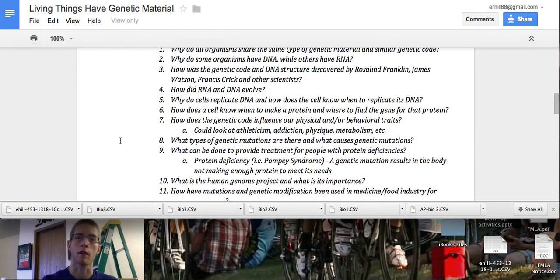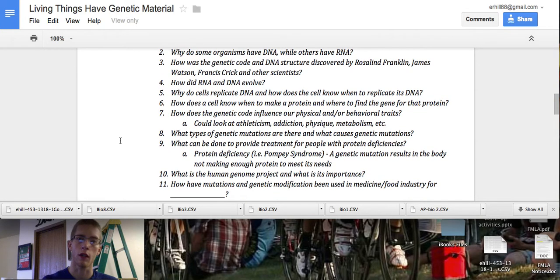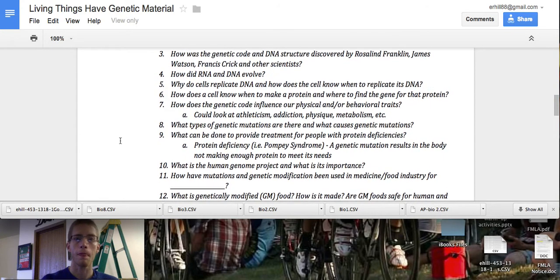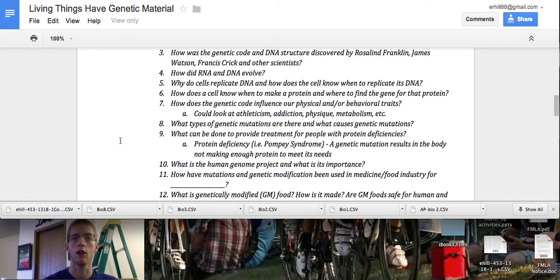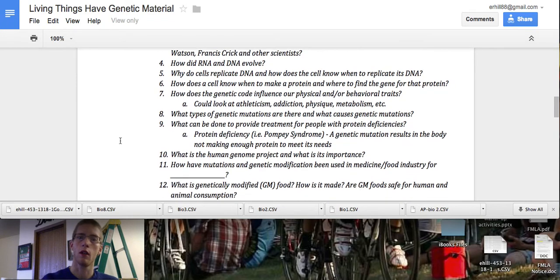What did that process look like, and who is responsible for it? How is the genetic code responsible for traits like athleticism or addiction or physique or metabolism? What are the links between mutations and genetic diseases or deficiencies? What is the Human Genome Project, and why is it important?